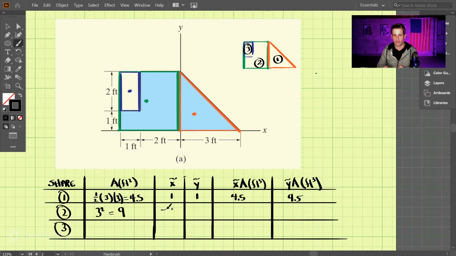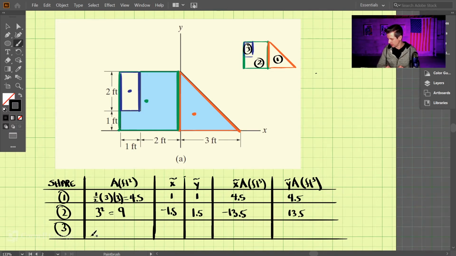So that's negative 1.5, and then y tilde is positive 1.5. So x tilde times 9 comes out to be negative 13.5, and y tilde times A here is 13.5 as well. This one's positive.